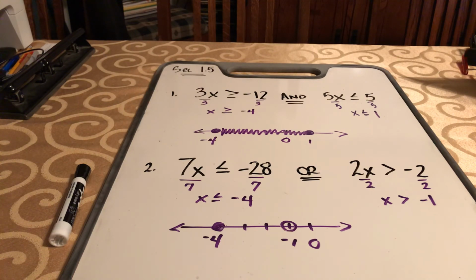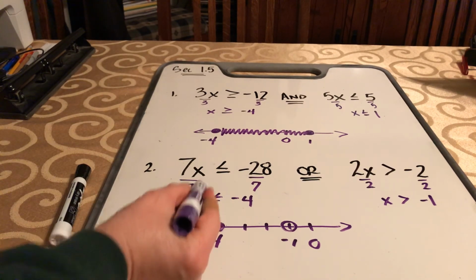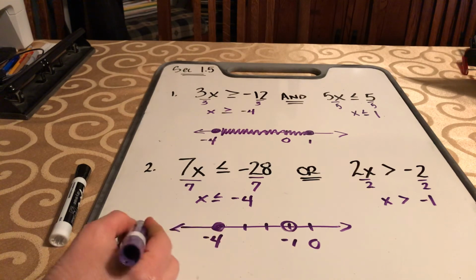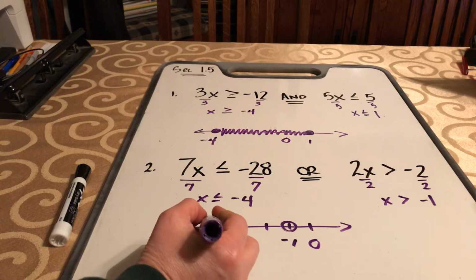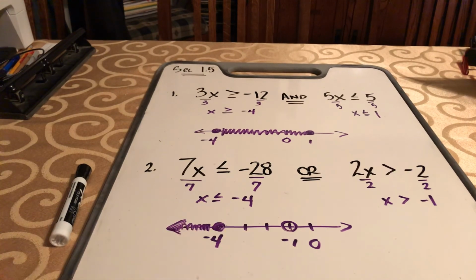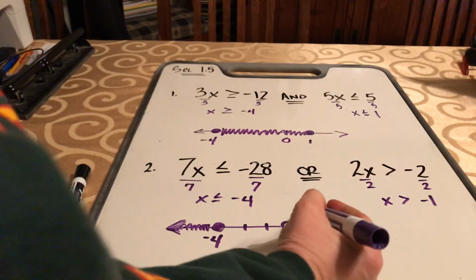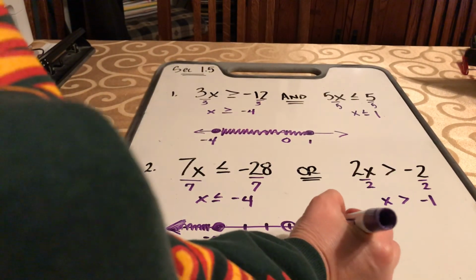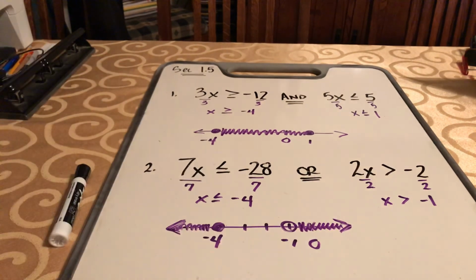Now, for the or, your number line is going to look a little different. This is x less than or equal to, so we would shade everything going this way. On the other inequality, it says x greater than, which means we would shade that way. And your problem looks like that.